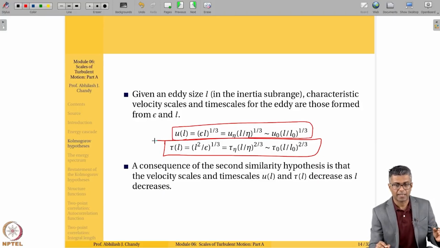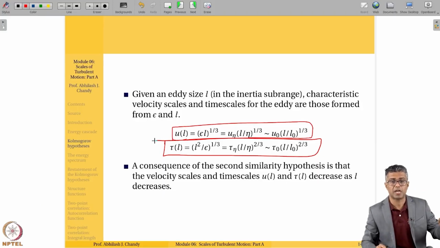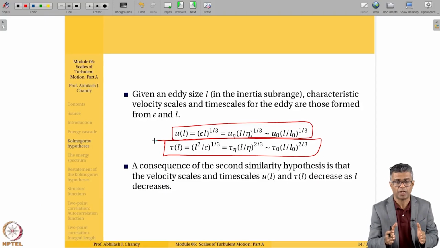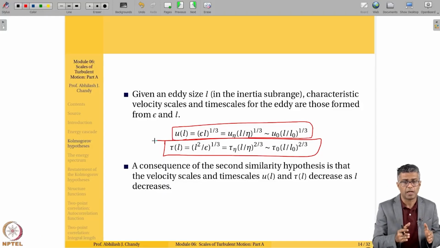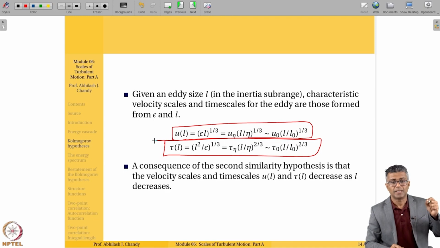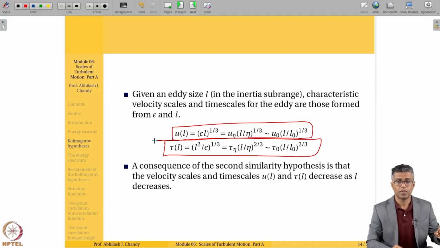So what I have done here is I have now shown the velocity scale and the time scale associated with your inertial subrange. As a consequence of this second similarity hypothesis, which is Kolmogorov's third hypothesis, what we now know is that the velocity scales and the time scales decrease as L decreases.